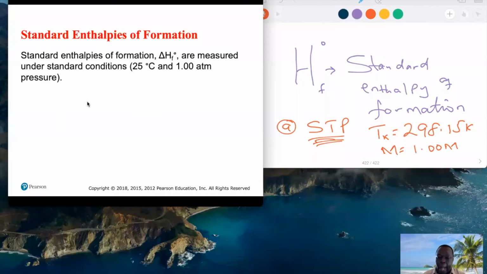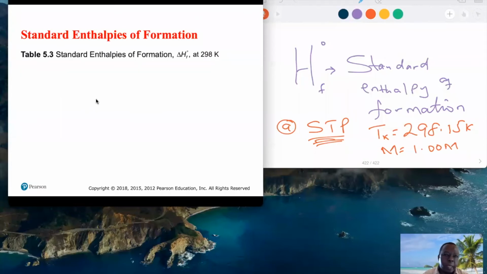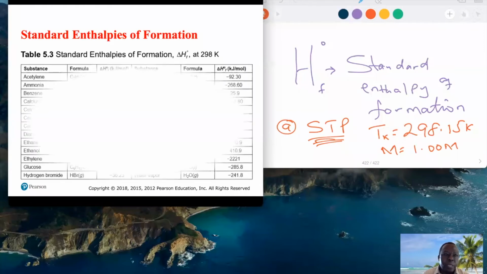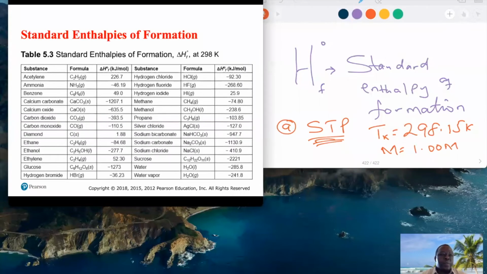So we can calculate the standard enthalpy of formation of a compound or for a reaction from these standard enthalpies of formation for a few selected compounds.